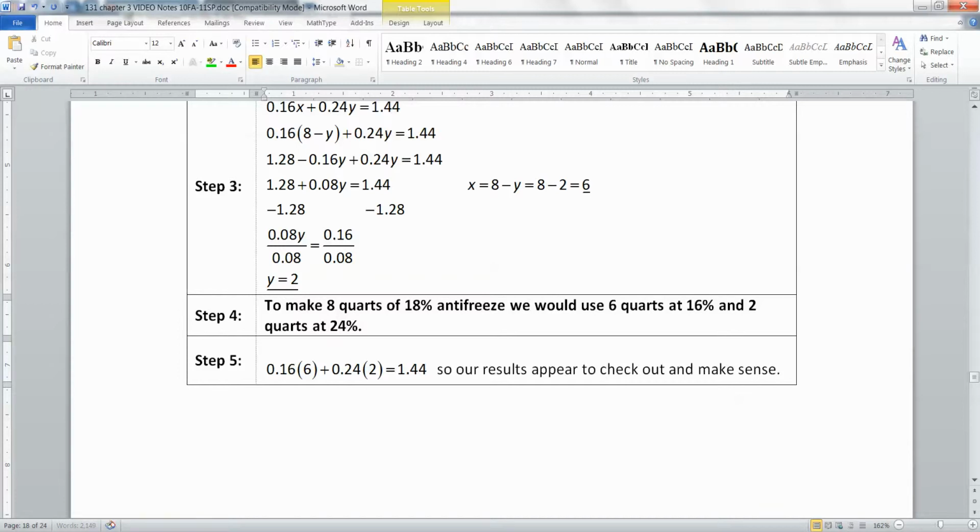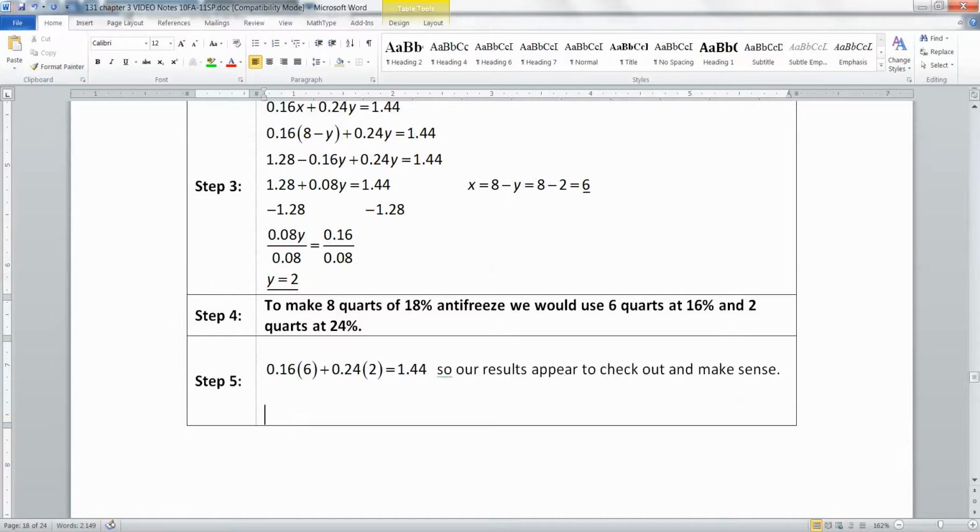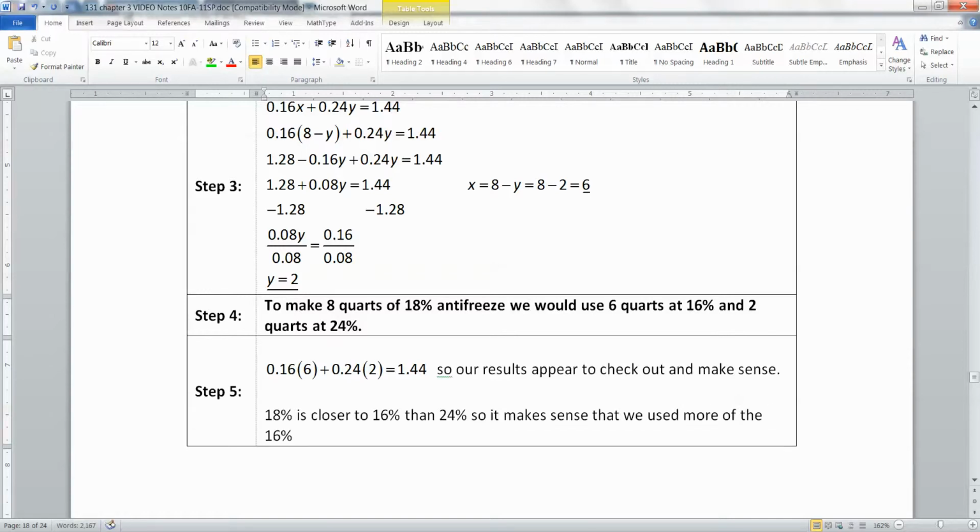Right? And it makes a little bit of sense on a different level, because you can say, okay, look, 18% is closer to 16% than 24%. So it makes sense that we used more of the 16% solution than the 24% solution. Let's think about it.